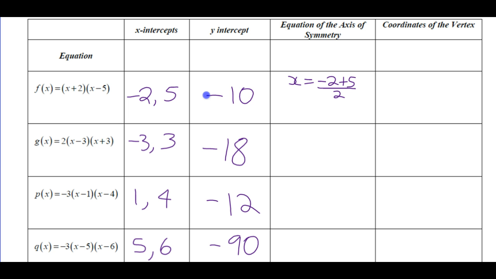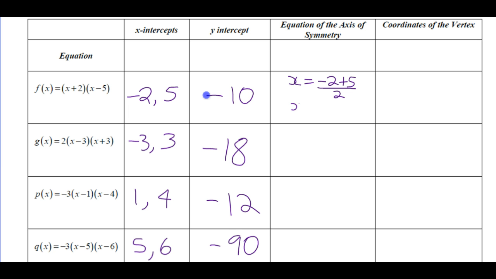I know the x-intercepts, right? I know the axis of symmetry is exactly halfway between any 2 points on the same horizontal line. What's the nicest horizontal line? The nicest horizontal line is the x-axis, right? So if I know the x-intercepts, then I know that the axis of symmetry is halfway between these two.